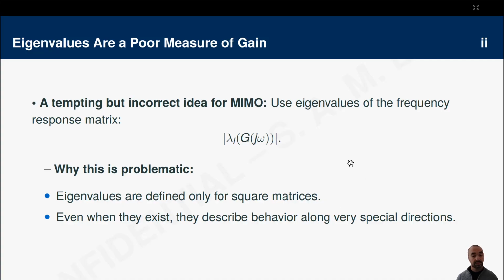And you might be tempted to consider the following idea: use eigenvalues of the frequency response.